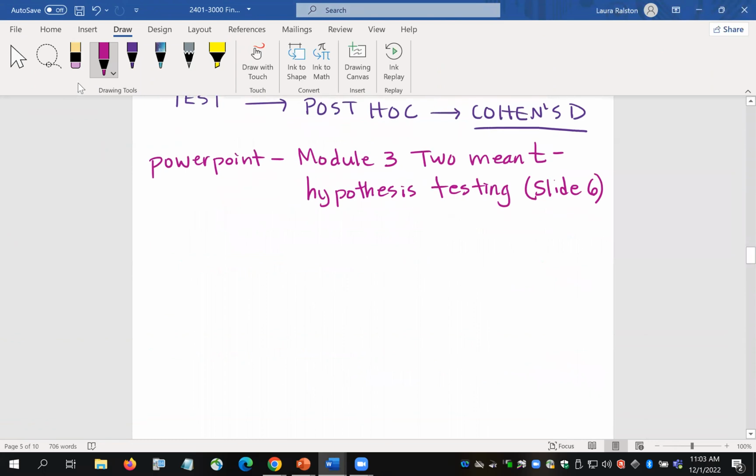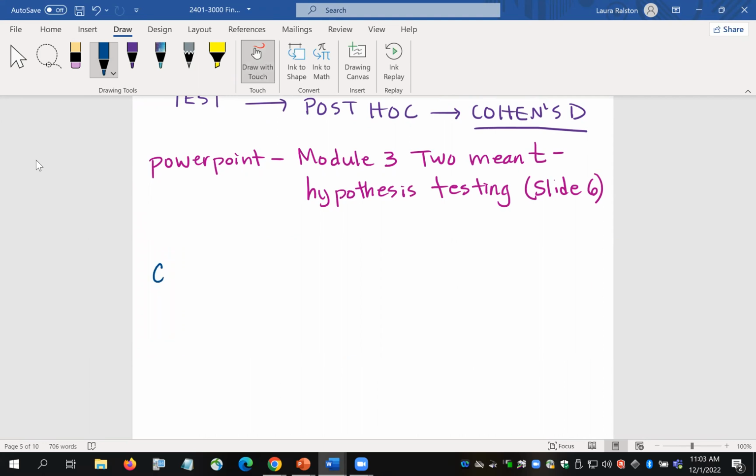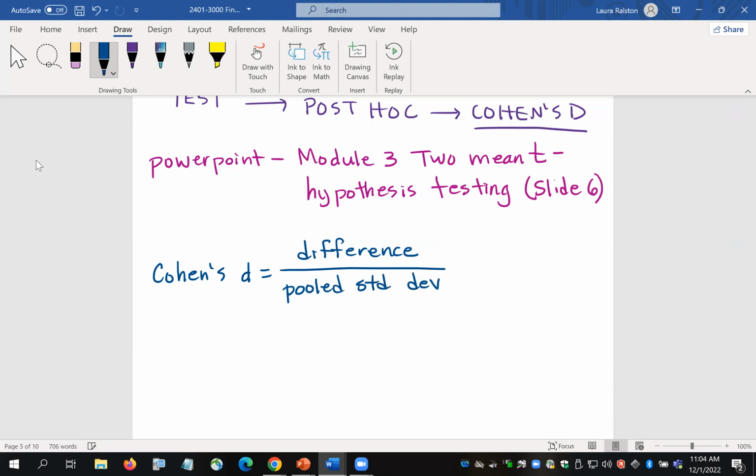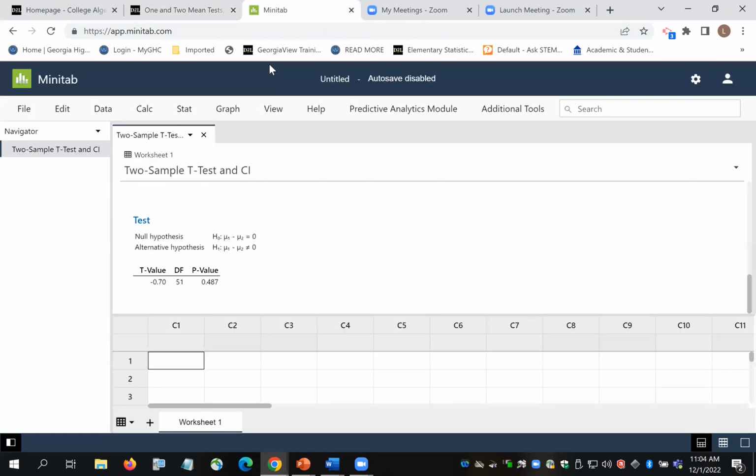So Cohen's d is the difference divided by the pooled standard deviation. Now those two values come from Minitab, and I went ahead and worked through it this morning so we would have it up and running.